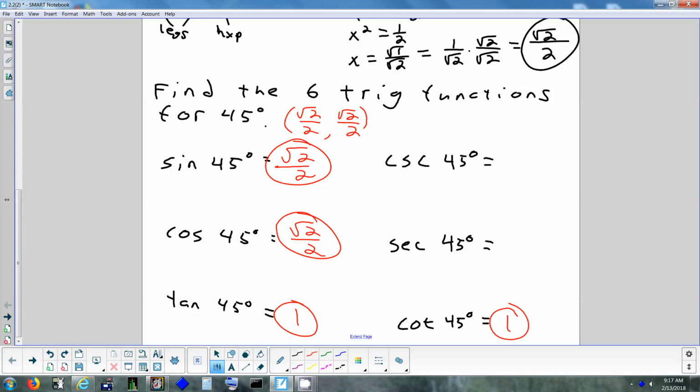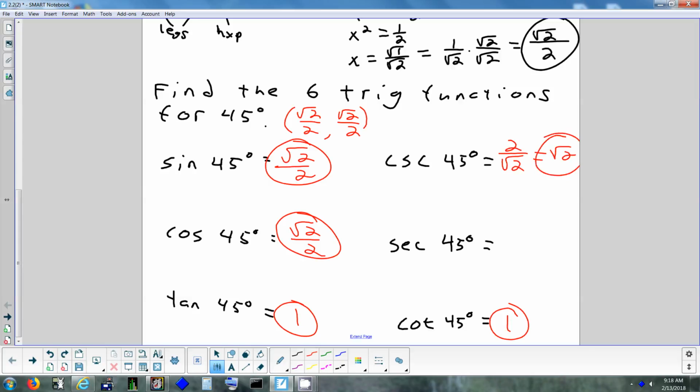I'm starting with the square root of 2 over 2, and then you flip it. So 2 over square root of 2. And now can anyone tell me what's your final answer there once you fix that? Square root of 2. Just square root of 2.